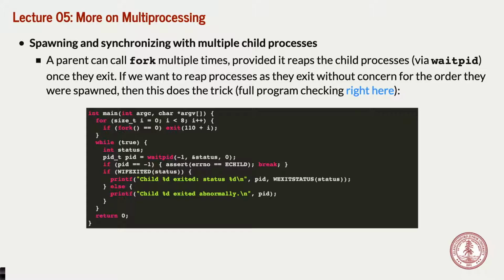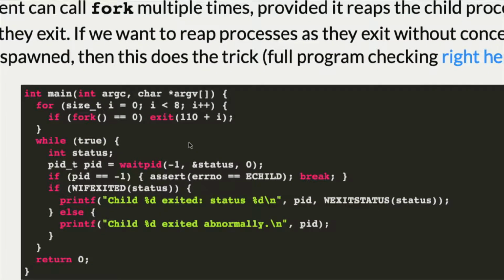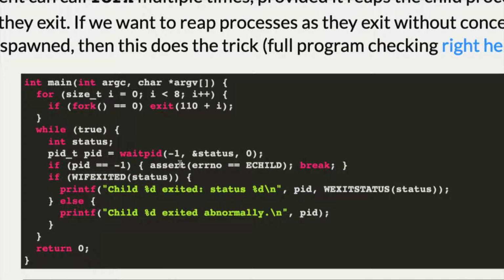Okay, what we can do is, I'll just go through this instead of just typing, I'll copy it into the file in a minute. What we're going to do is basically create 8 different processes. We're going to fork 8 times in a row, but each copy does not itself fork. It actually exits. So what does that mean?